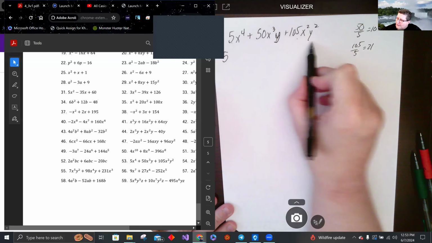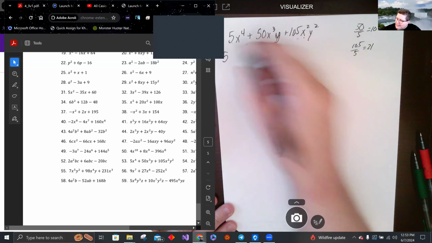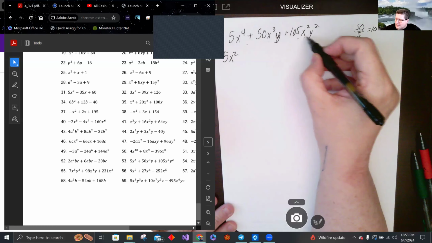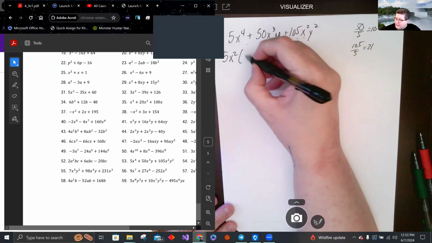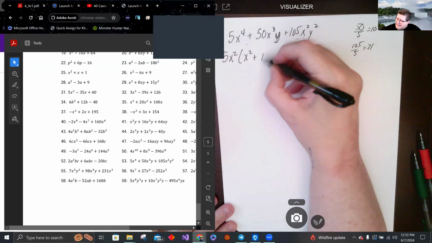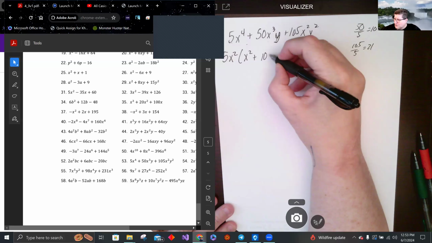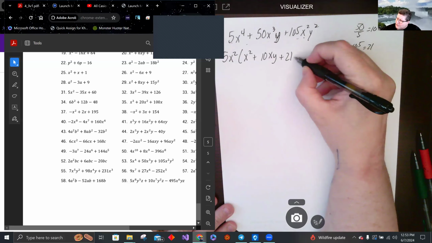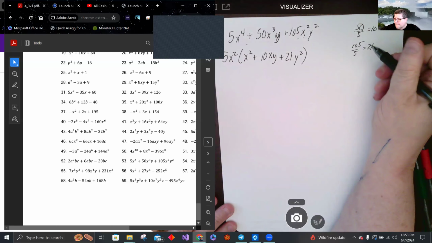Now what else comes out? It looks like the lowest exponent on x is x squared. And these have y's and this one doesn't. That's the final form. I have an x squared here, I have a 10xy here, and I have a 21 y squared here. That was a little complicated.